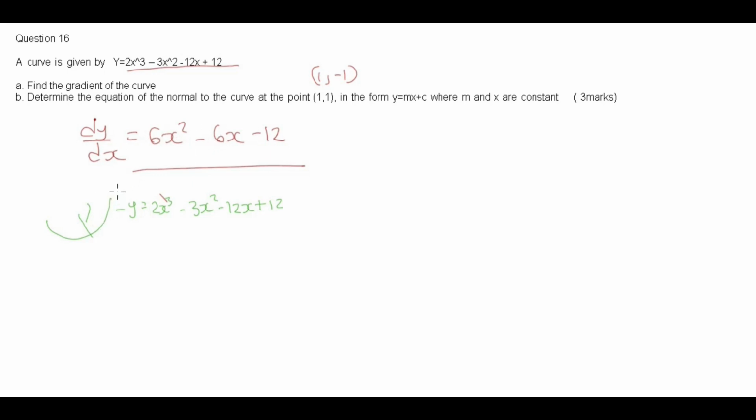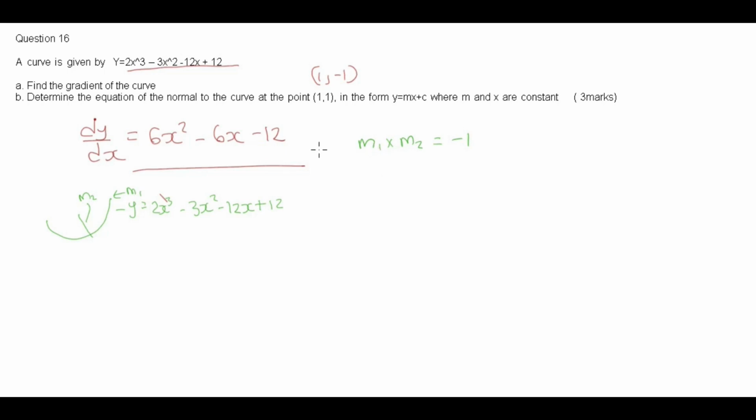So let's say this is m1, this is m2. We know that m1 times m2 equals negative 1. For curves that are normal to each other, the product of the gradients is negative 1.